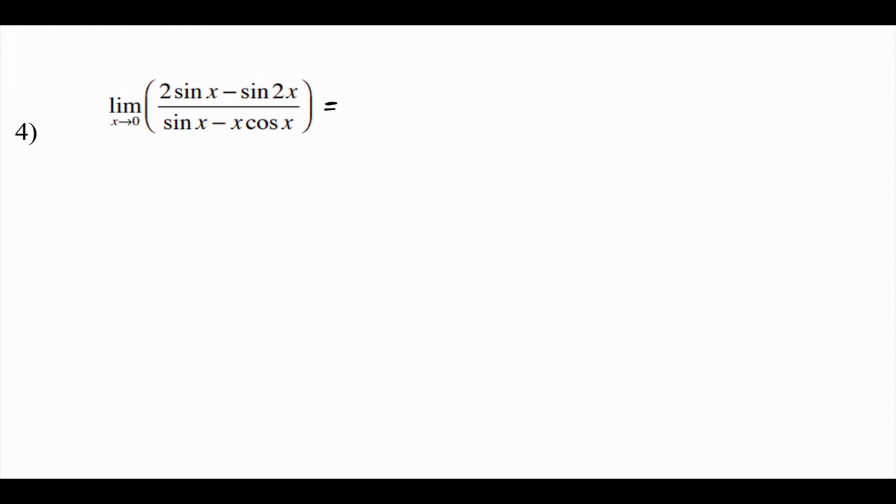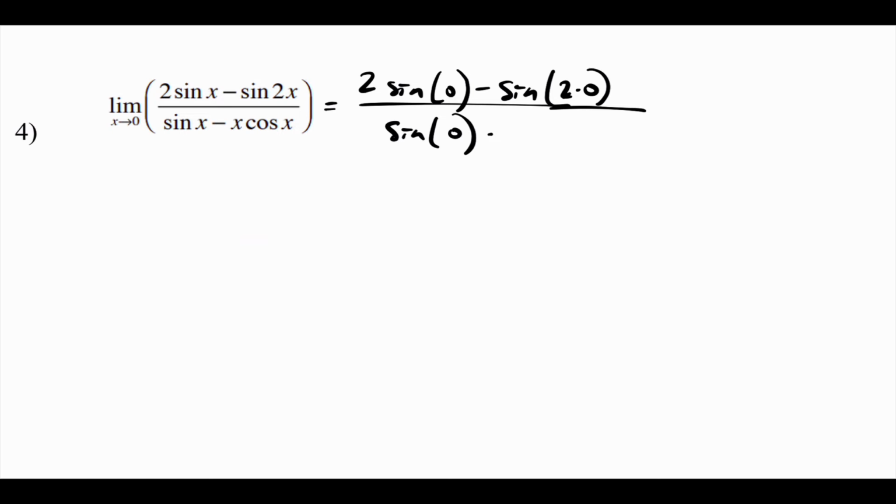For finding the limit, the first thing we're going to do is always plug in the value. Plug in what x is approaching, 0. So I'm going to plug in 2 times sine of 0 minus sine of 2 times 0, over sine of 0 minus 0 times cosine of 0. Okay. So on top, 2 times sine of 0 is just 0.